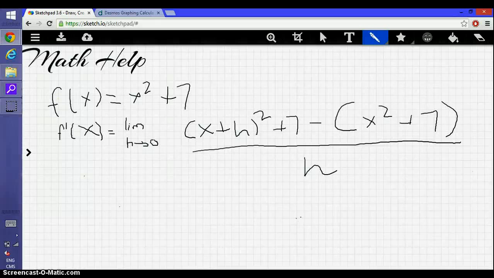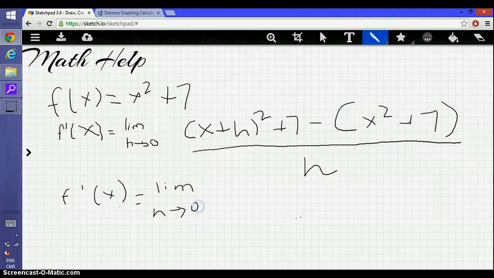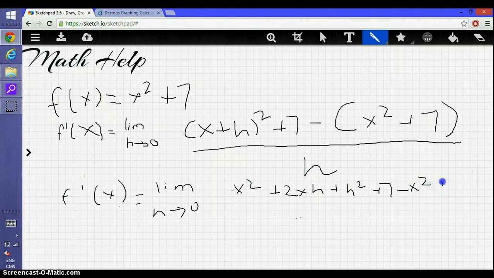Once again, f prime of x is just another way of saying the derivative. Limit, we need to include this part, extremely important, h approaches 0. Now we need to simplify this. So we'll square everything inside of the brackets. This becomes x squared plus 2xh plus h squared plus 7 minus x squared plus 7 over h.